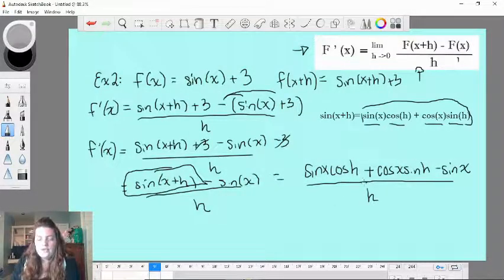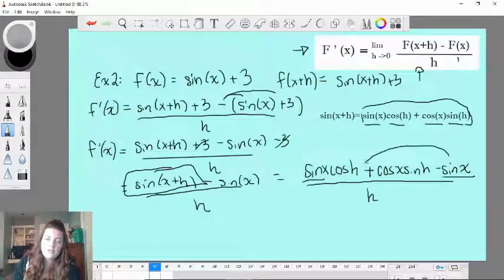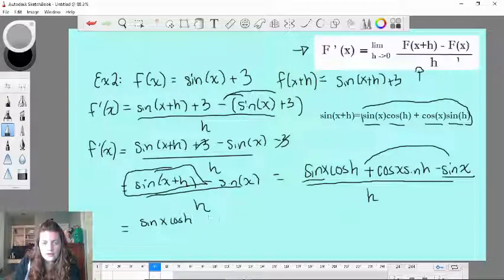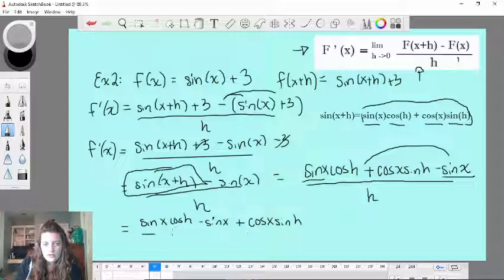So the only things in here that we have any similarities would be we have a sine x here and a sine x here. So I'm going to put these two together on the left side. So we're going to have sine of x cosine of h minus sine of x plus cosine x sine h, and then everything is over h.